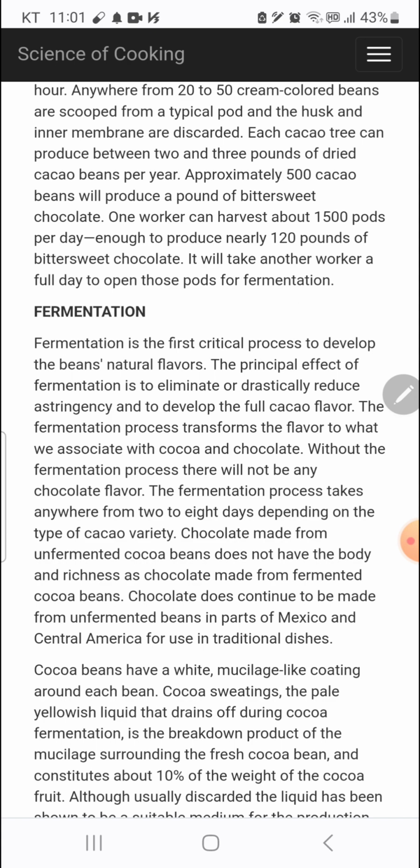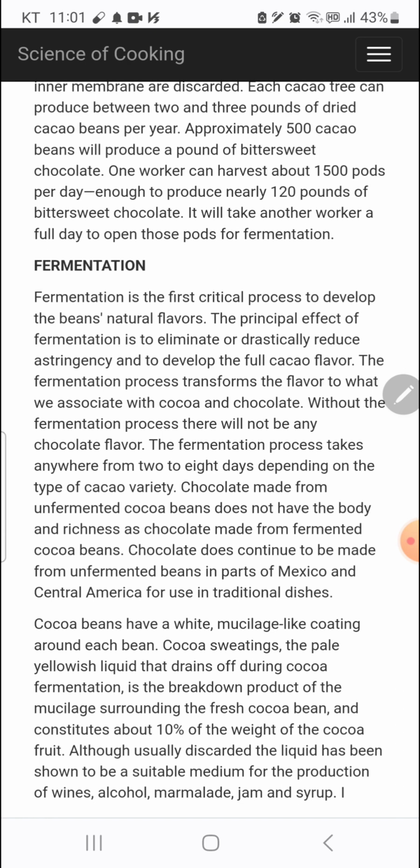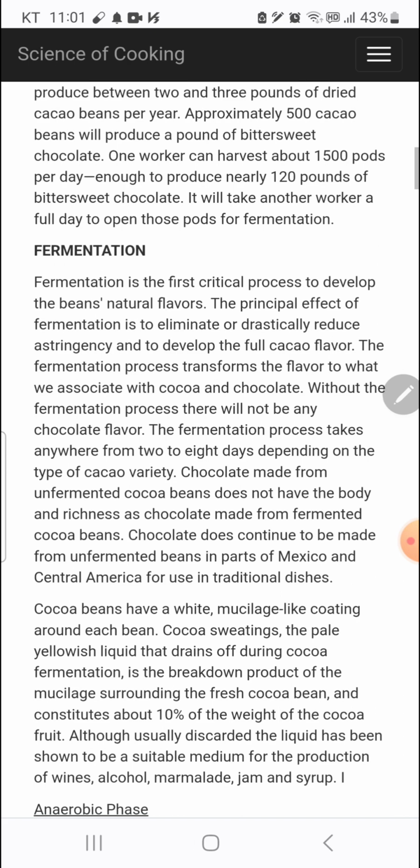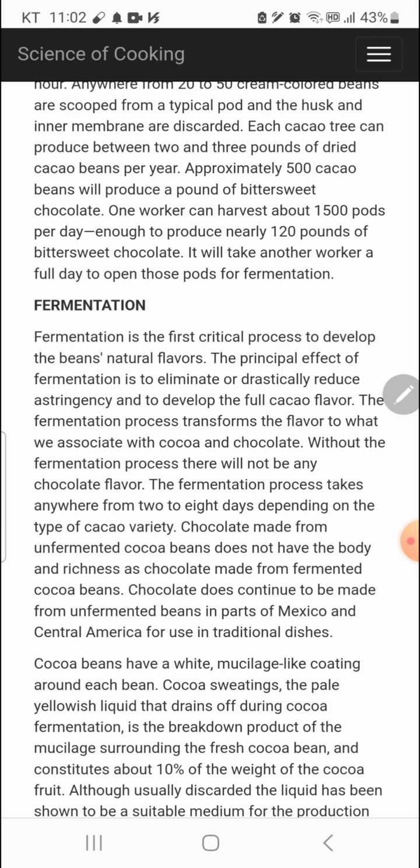One worker can harvest about 1,500 pods per day, enough to produce nearly 120 pounds of bittersweet chocolate. It will take another worker a full day to open those pods for fermentation. Interesting statistics.